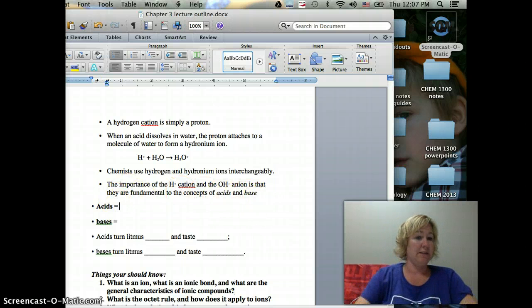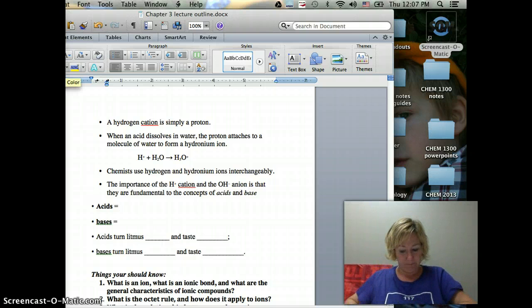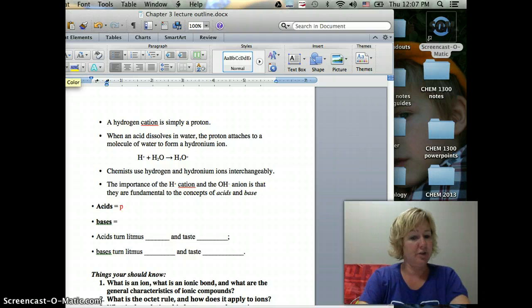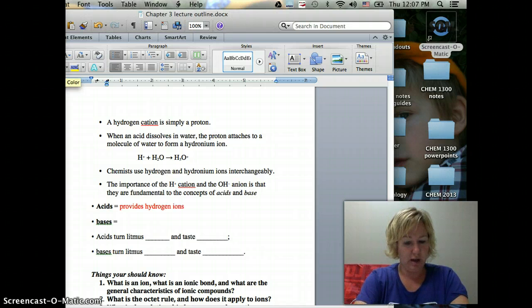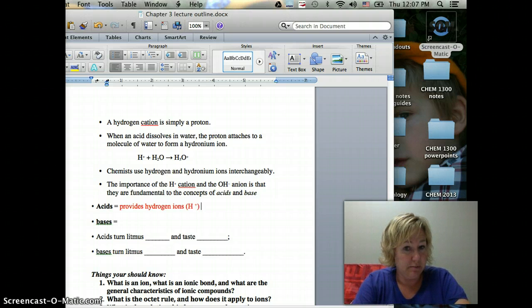So one of the definitions of acids and bases is that an acid provides hydrogen ions, H+, which would actually be the same as also providing hydronium ions when dissolved in water.